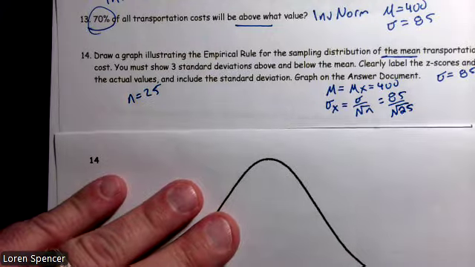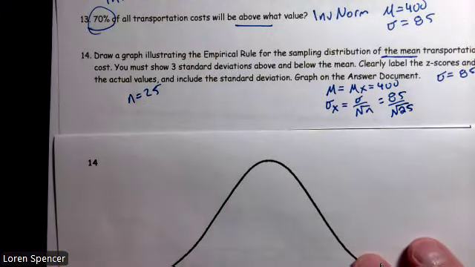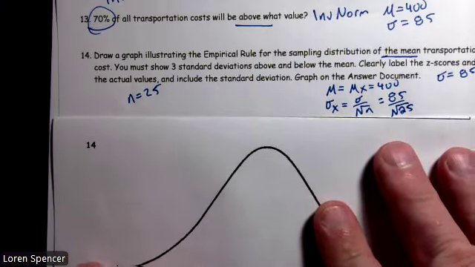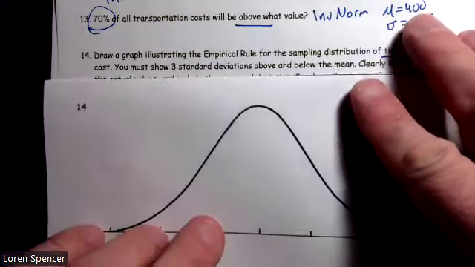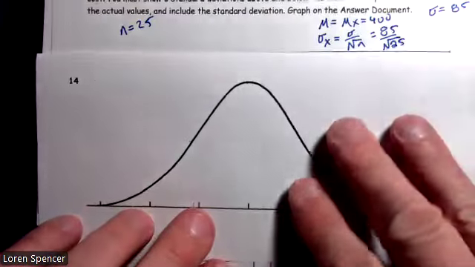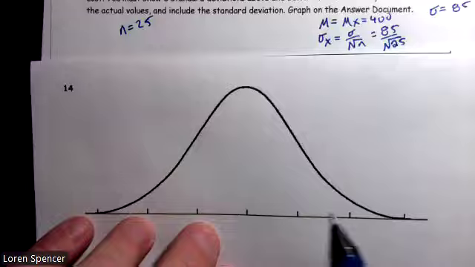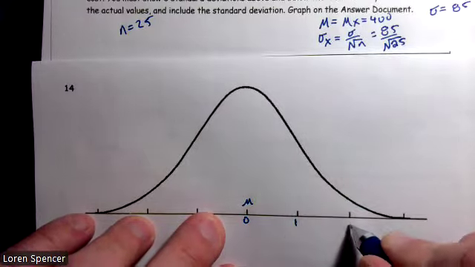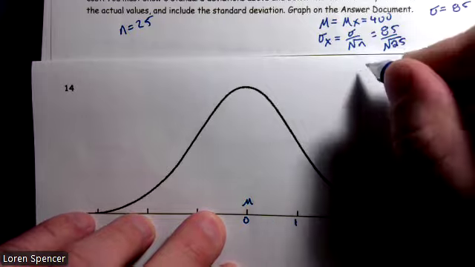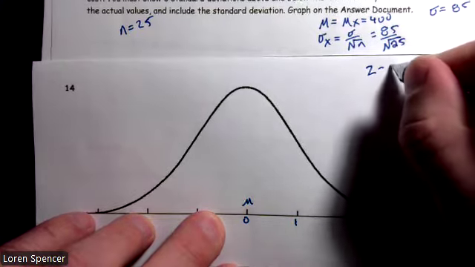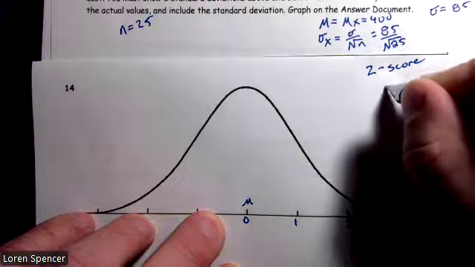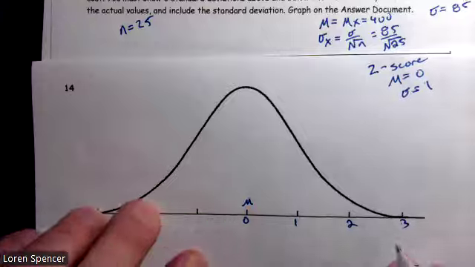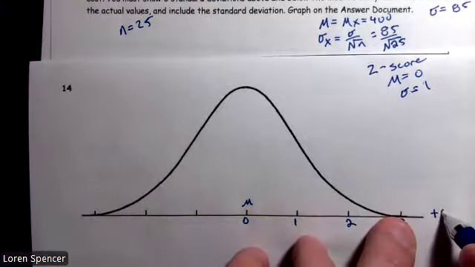All right. So first off, let's do the easy part. The easy part is the z-scores. We should completely know this by now. We should be able to crank that out without even really thinking about it. So the mean of a z-score is 0. All z-scores: 0, 1, 2, 3. I'm going to go ahead and make a note. Z-score: mean equals 0, standard deviation equals 1. And it goes to positive infinity.